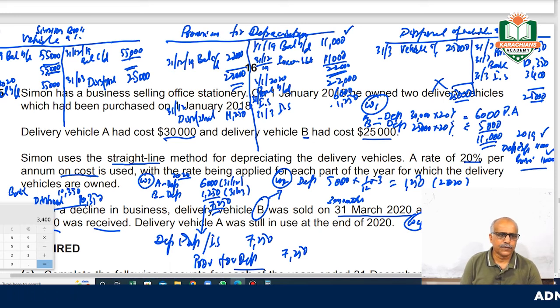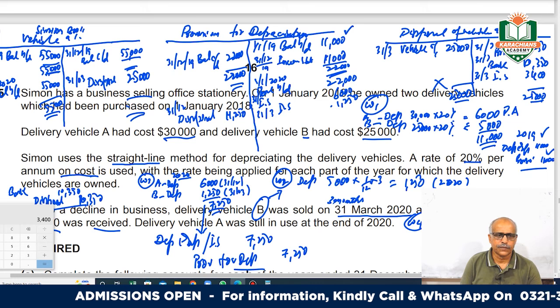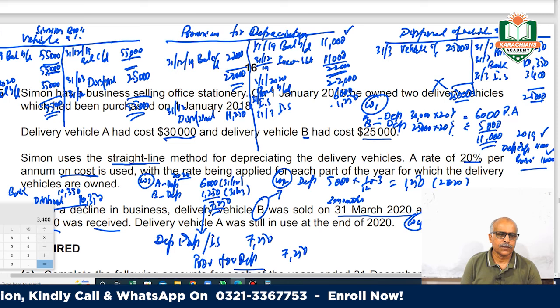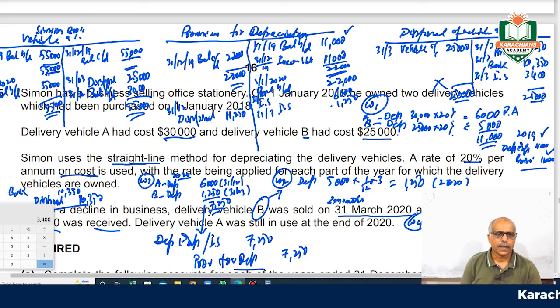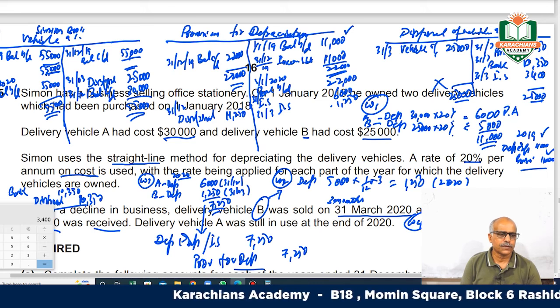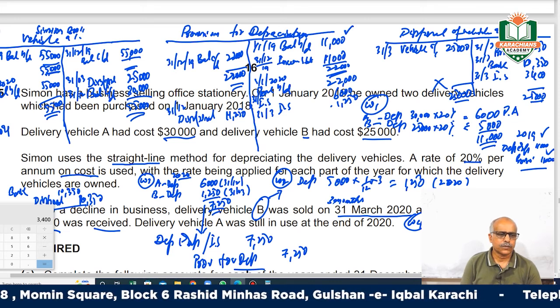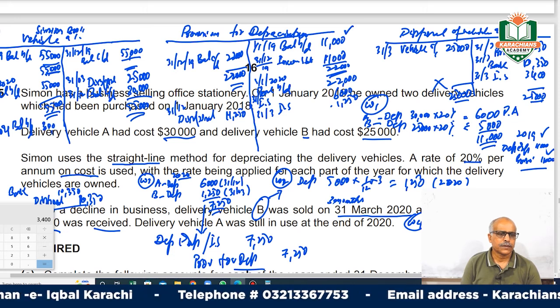Out of this 55,000, when you close it, this is 55 and here this will be 55. Your balance on 31st of December, balance CD, will be 30,000. So in your vehicle account on 1st January 2021, your balance BD would be 30,000.